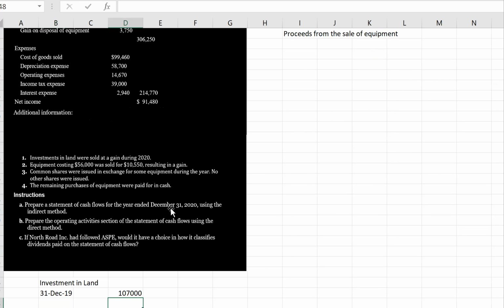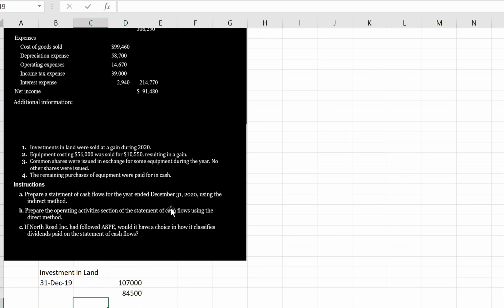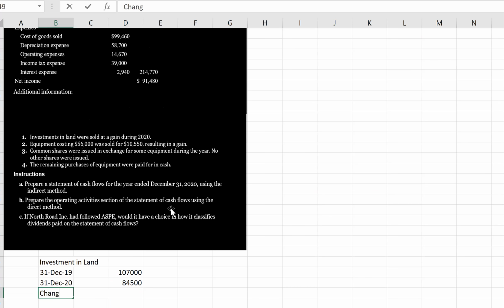So we can see the change in the account balance. This is really all we're piecing together here, just like we used for the other accounts. So the account went down by 22,500.